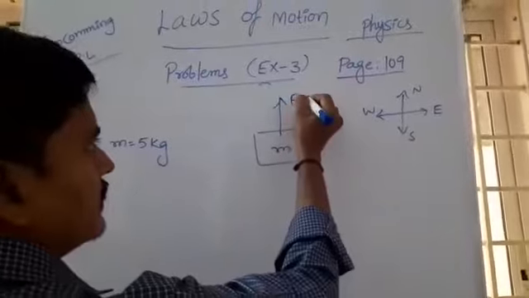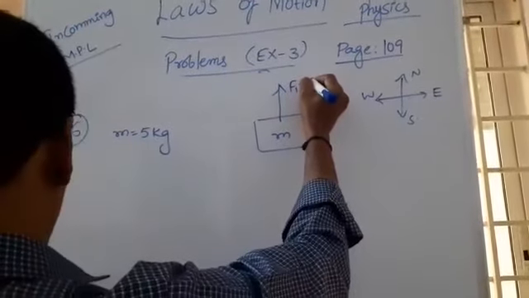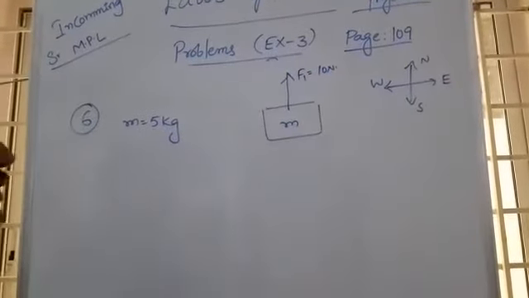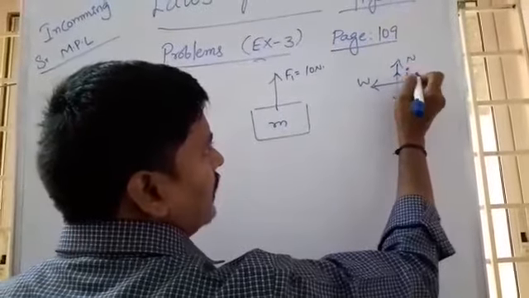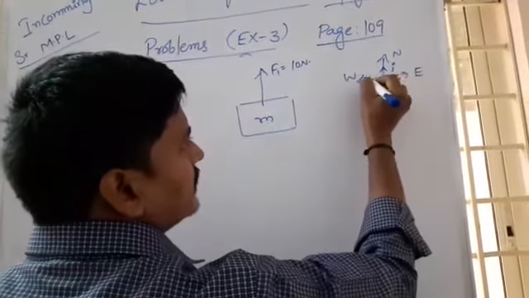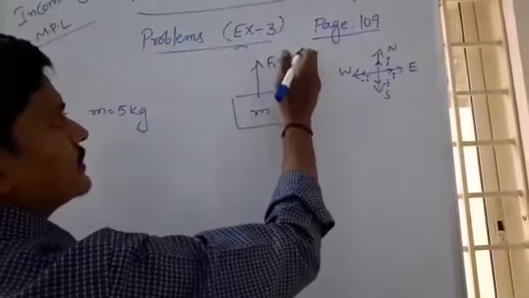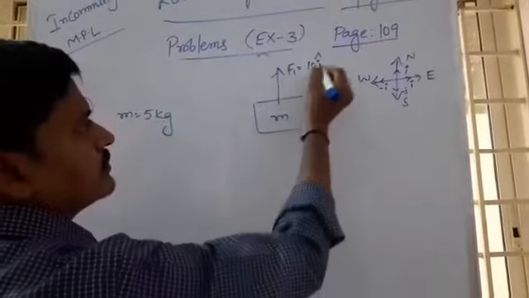F1 is equal to how many newtons? That is 10 newtons. Now direction is J. This is 10 J newtons.